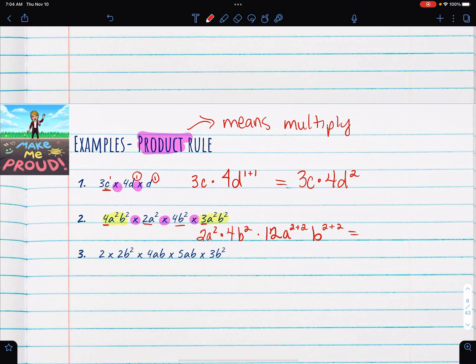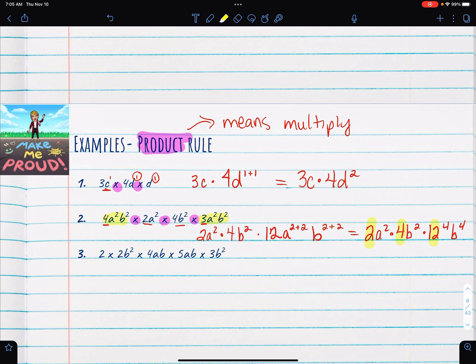So my final answer for this one will be 2a squared times 4b squared times 12a to the 4th b to the 4th. Okay? Now technically, I can go and put this, this, and this together, but we aren't going to worry about that at this step. Right now, we're just combining what's normal.